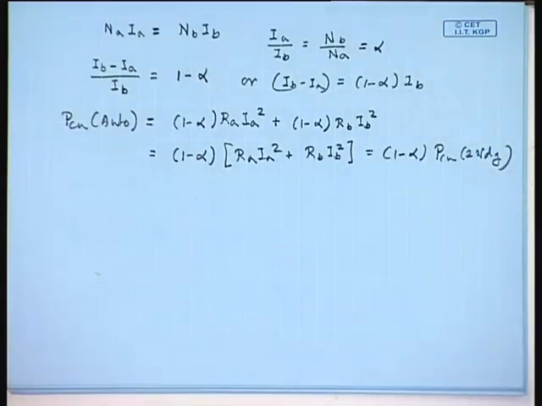So, we see for the same rating, if the two winding transformer and the auto transformer are supplying the same load, then the auto transformer will have lower loss.